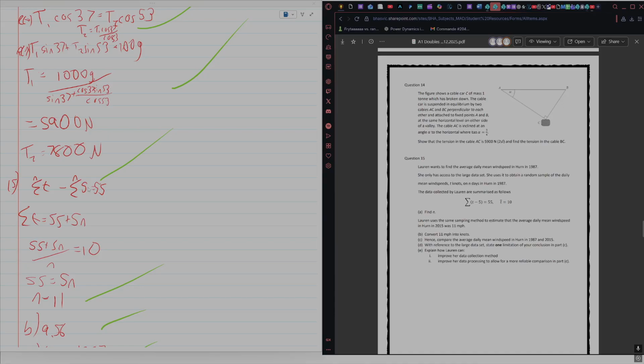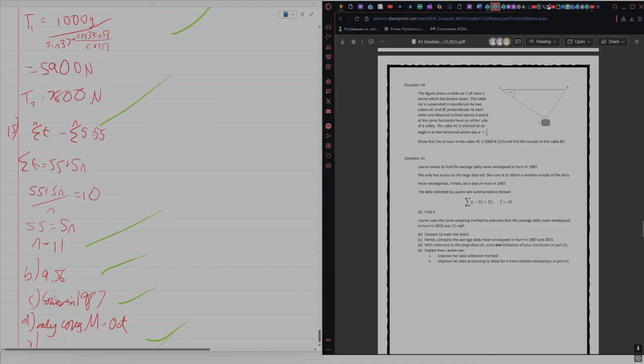And then that means sum of t is 55 plus 5n. And you know that sum of t over n is the mean. So 10 equals the mean equals sum of t, 55 plus 5n over n, and then you solve for n. Then when you're converting that into knots, you multiply by 20 over 23. You should be remembering this stuff by now.